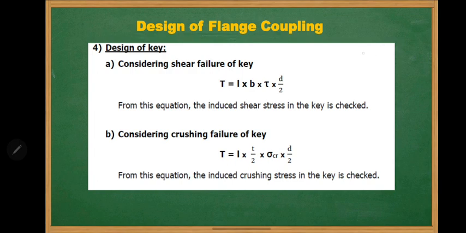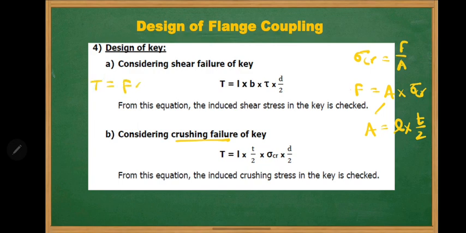Similarly, the crushing stress is calculated by sigma CR is equal to again force upon area. So this force is nothing but area multiplied by sigma CR. What is the value of the resisting area when the key is subjected to crushing failure? The area is L multiplied by T by 2. Put this value of area in the equation, and use the basic equation of torque, torque is equal to force multiplied by radius, that is D by 2.